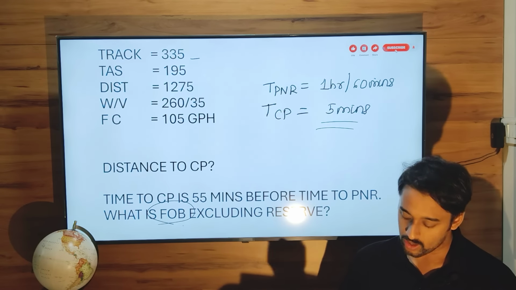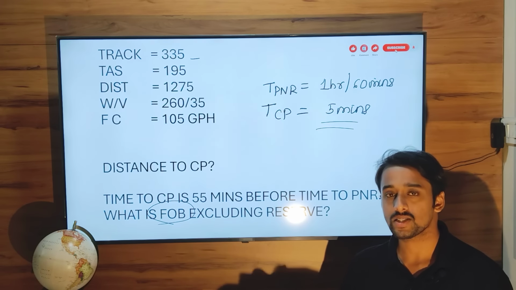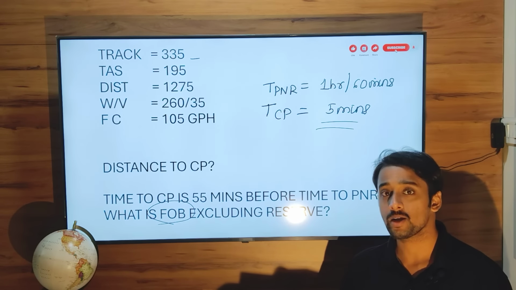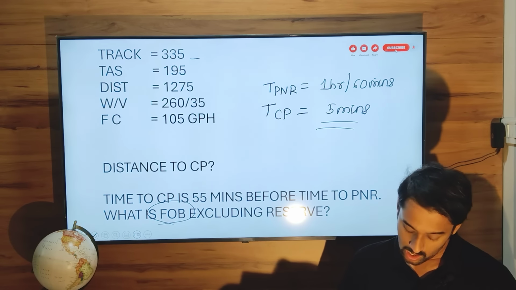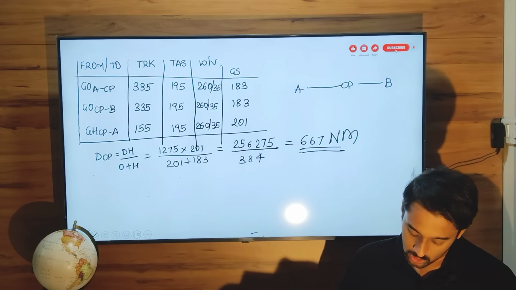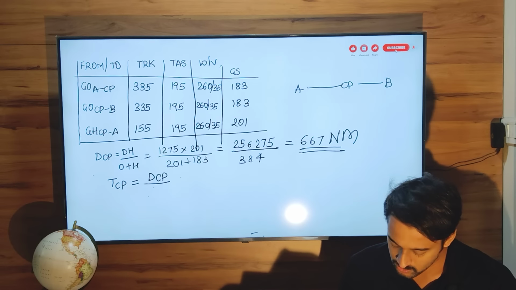What is the fuel on board, excluding reserve fuel? In other words, they are asking to find out flight fuel. Okay. So now let's calculate time to CP. Time to CP is distance to CP divided by ground speed outbound A to CP.